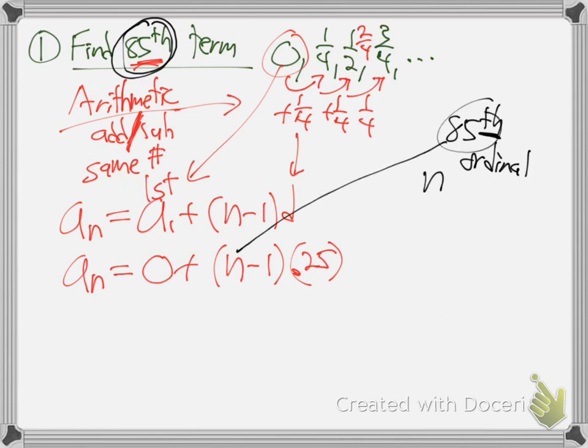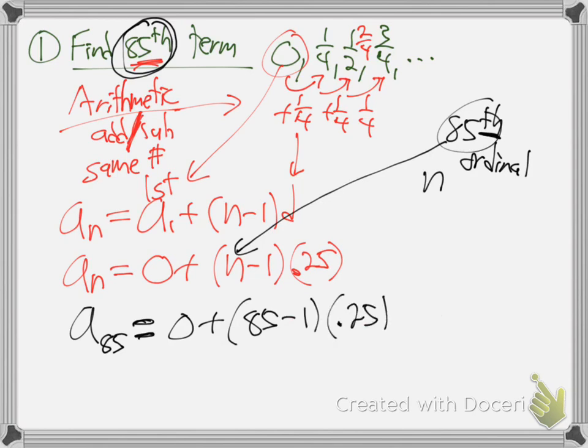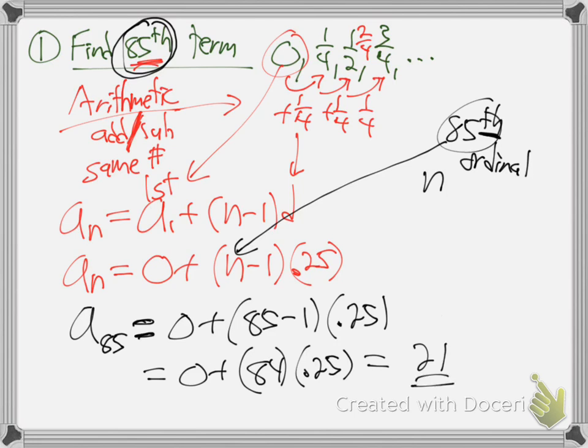So 85 goes right in there for n. So A sub 85 is 0 plus 85 minus 1 times 0.25, which is 0 plus 84 times 0.25, which is 21. There we go.